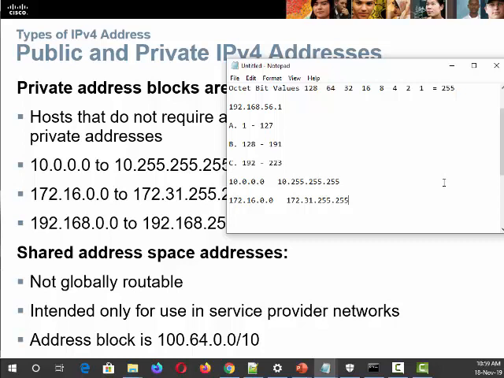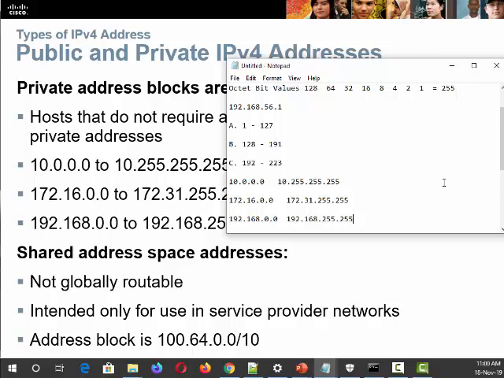For class C, it is 192.168.0.0 to 192.168.255.255. That is the beginning of 192.168 to the end of that 192.168. That is for private address blocks.